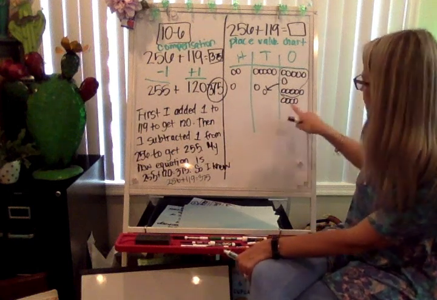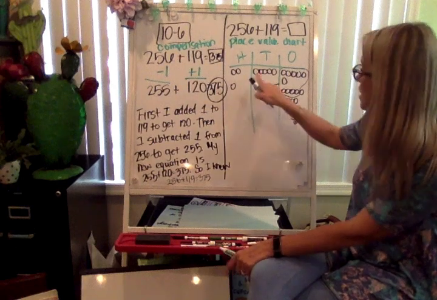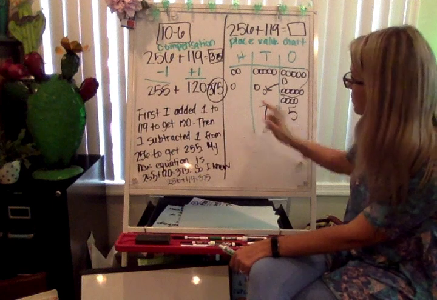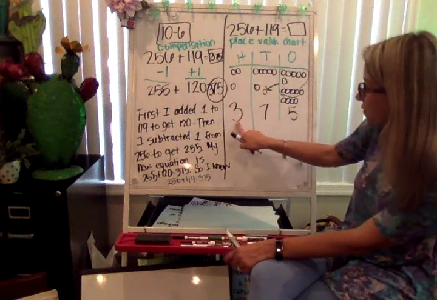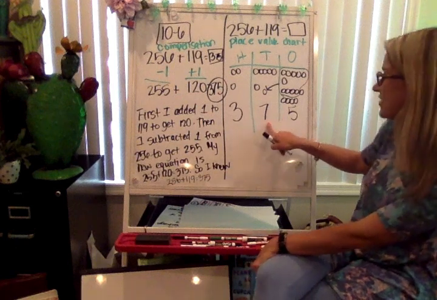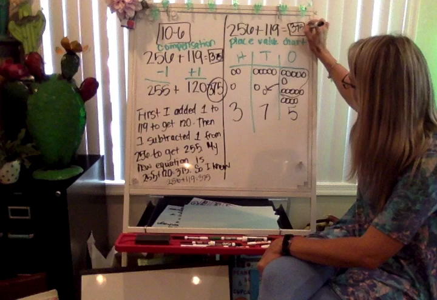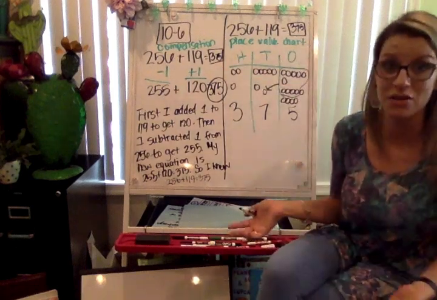I'm going to count how many are left. 1, 2, 3, 4, 5 in my ones place. I've got 5 tens, 6, 7 tens here, and 1, 2, 3 in my hundreds. If I put the number 3 in the hundreds plus 7 in the tens and 5 in the ones, that is the number 375. These are 2 different ways to solve the same equation.